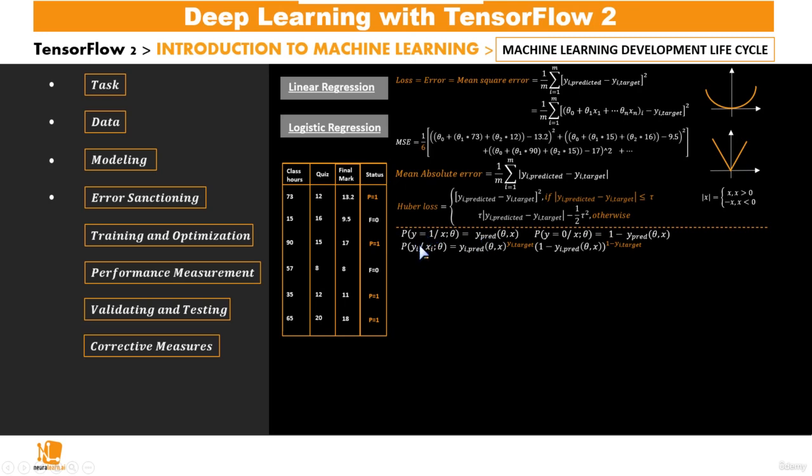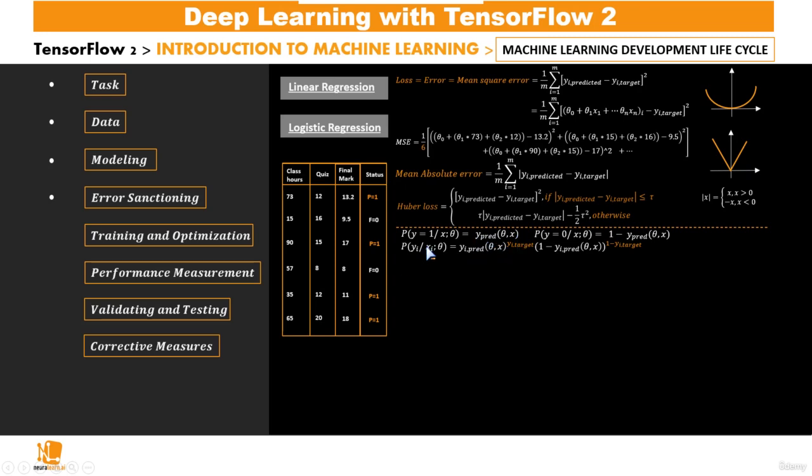Here we have y_i pred to the power of 1, and 1 minus y_i pred to the power of 1 minus 1, which is 1 minus y_i pred to the power of 0. So this term is removed and we're left with y_i pred of theta, x, which gives us this.